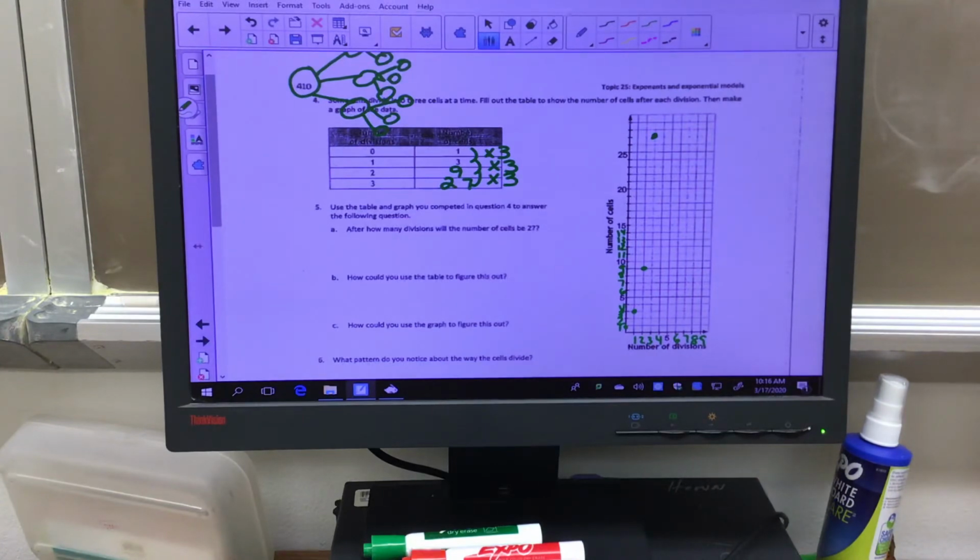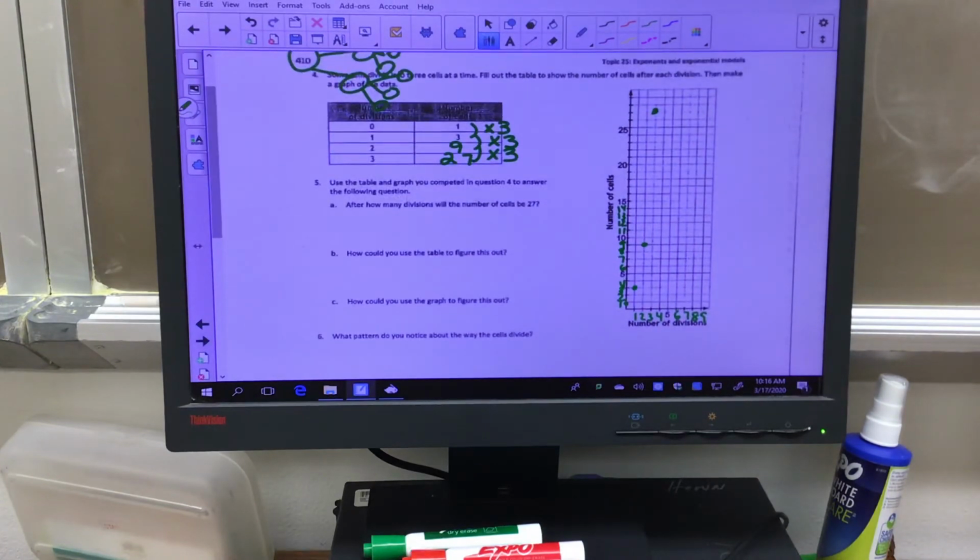So after how many divisions will the number of cells be 27? 3 divisions. Sorry guys, still in school. How can you use the table to figure this out? Well, we're going to look at where y is 27. How can you use the graph?